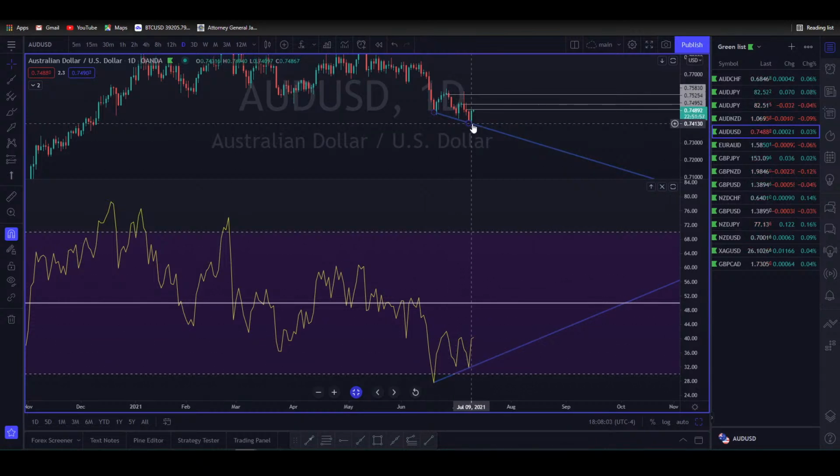Divergences come on the Stochastics, MACD, you name it. If it's a momentum oscillator, people are looking for bearish and bullish divergences in order to take positions. The only reason I look at the RSI is to see where it is on the daily in reference to the 50 marker, the halfway point, because that will generally tell me if bears are in control of a market or bulls, right?